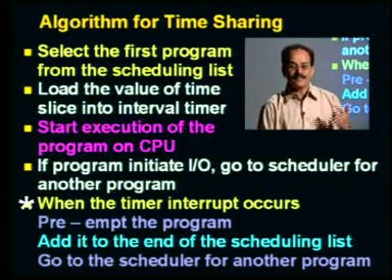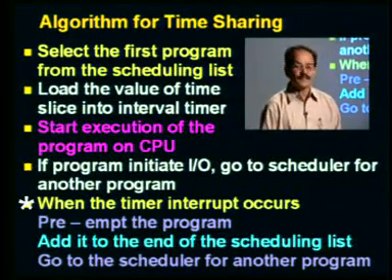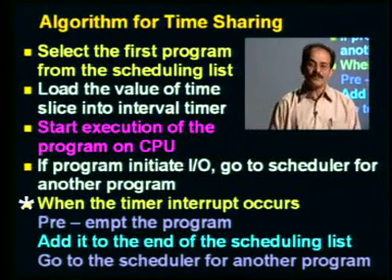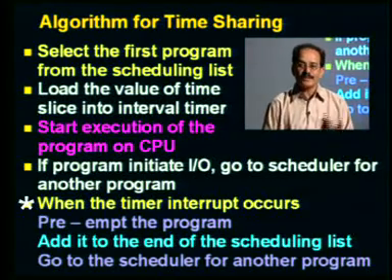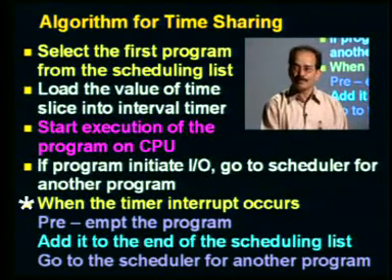So, there are two scenarios in which my job can be taken out from the CPU. One is it goes for IO, that is, let us say it has been given 1 unit of time, and once it completes half a unit of time, it needs IO. The moment it needs IO, that job is taken out from the CPU and another job is put on the system.